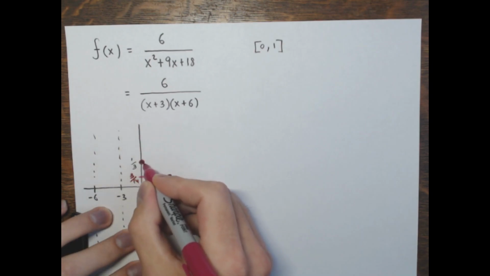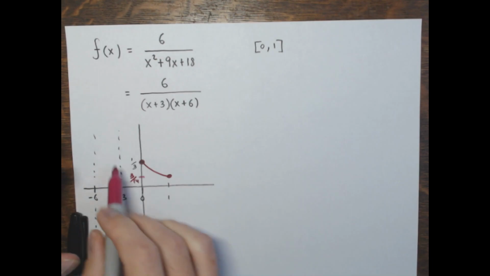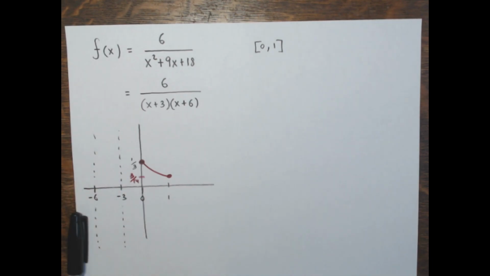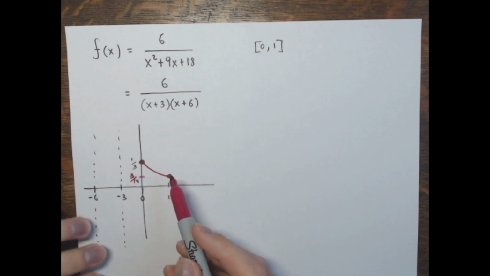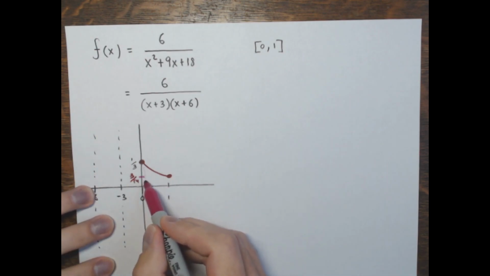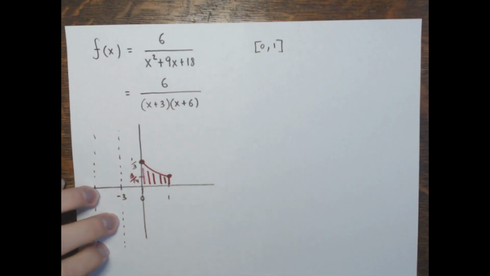And the part of this graph over this region would look like that. There's more to the graph, of course, but this is all they want: just over the interval from 0 to 1, over the x-axis. So this region here is the region they're talking about. Now, they don't want the area of this region.